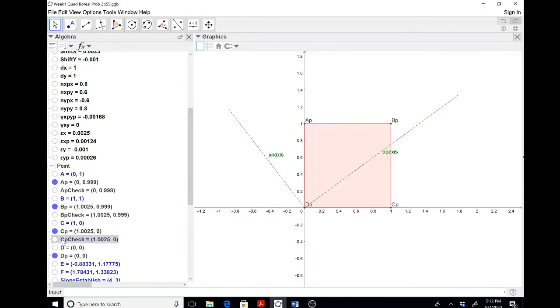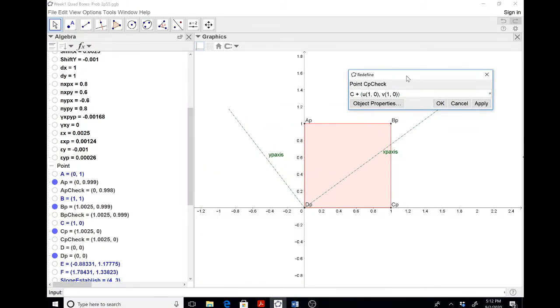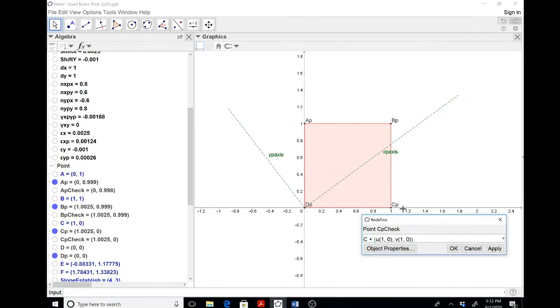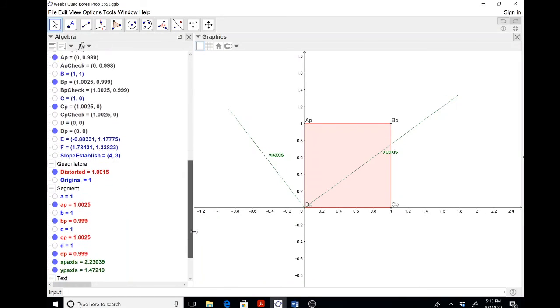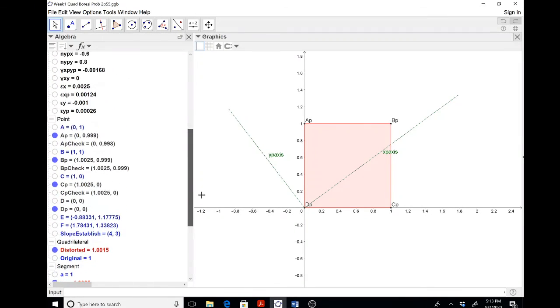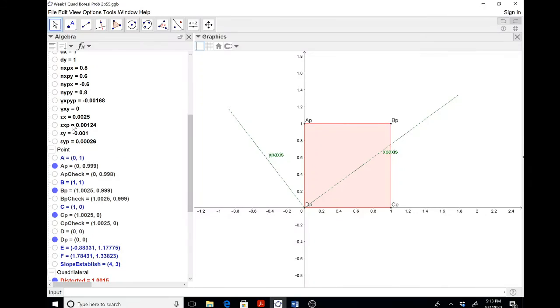So let's just make a quick reality check here. C prime check is C plus my U distribution at 1, 0 and my V distribution at 1, 0. And C prime check works out, and similarly A prime check works out. So I really like that. That's the hardest part. Then it's almost over.